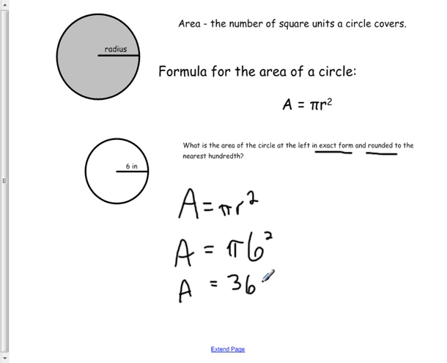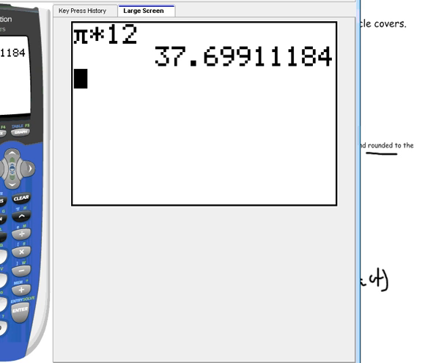That's 6 times 6. So it'd be 36 pi inches squared, our units squared. So this is our exact answer. So if it asks for exact form, you'd write it like this. If it asks for rounded, then we'll pull up our calculator and we'll do 36 times pi.